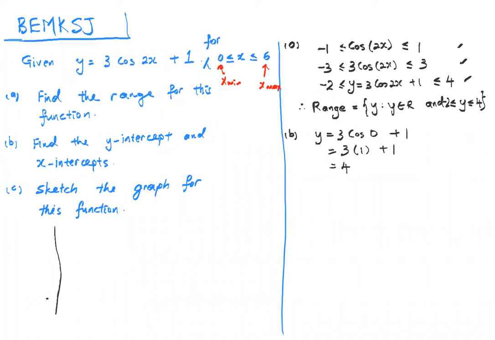You see the y minimum is -2. So when you talk about cos or sin function, correct? The lowest it can go is -2. So usually when I sketch the graph, I will put a dotted line here. This is my lower boundary. And my upper boundary is 4.